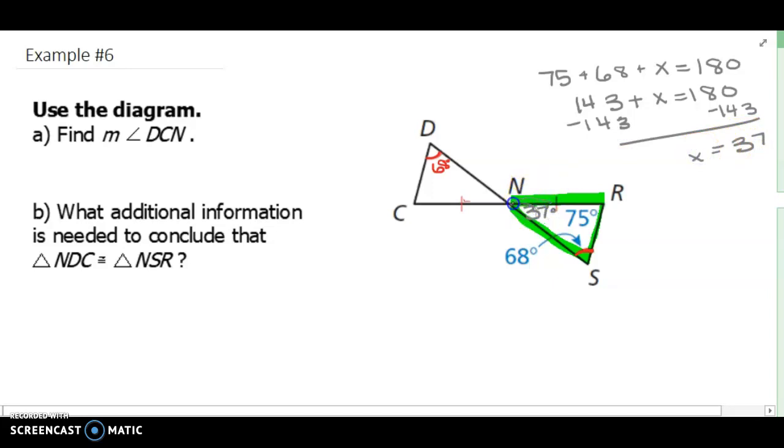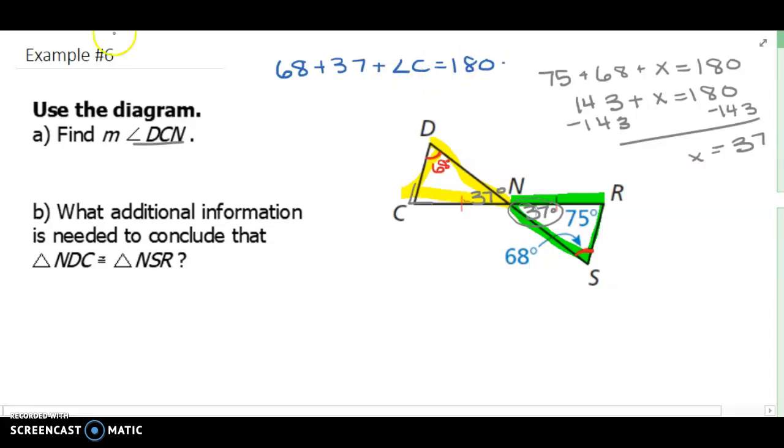Okay, well, if this is 37 degrees, guys, vertical angles are congruent. This has to be 37 degrees. So the measure of angle DCN, it's right here. It's what's missing. So if I look at this triangle highlighted in yellow, I know that all angles have to add up to 180, so I can say 68 plus 37 plus angle C equals 180.